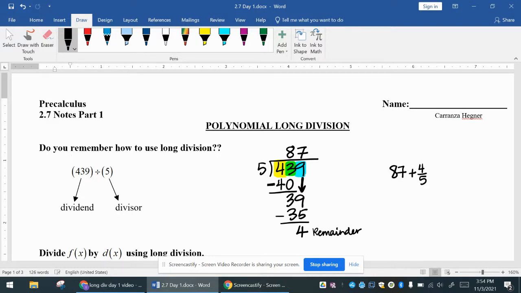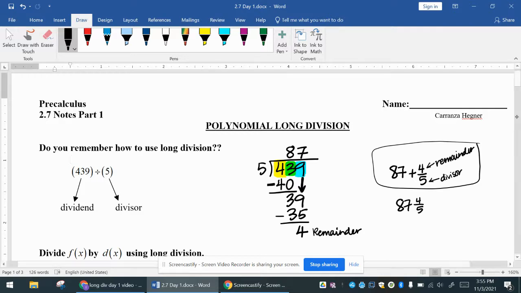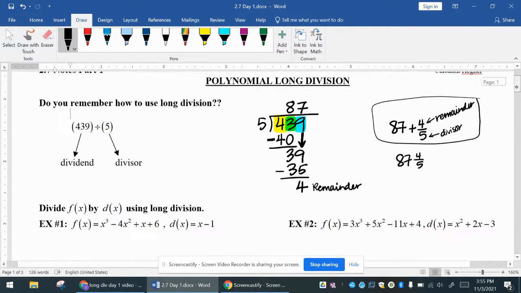So the remainder is written on top as a numerator over the denominator, which is the divisor. So 87 and 4/5. But for polynomials, we're going to be using this notation where if you have a remainder, you're going to add it and put it over the divisor.